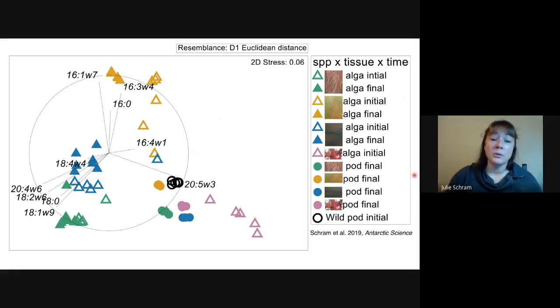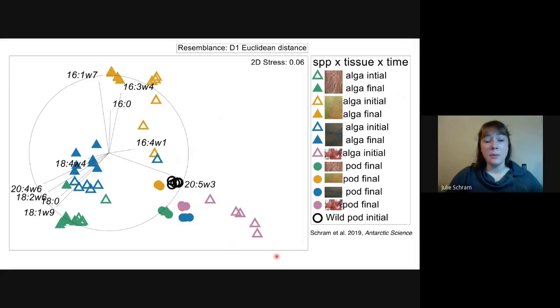So points that are closer together are more similar to each other than those points that are further apart. You can see that some of these symbols are filled in and some are empty. Those represent the initial or freeze-killed samples, and then they're color-coded by species. The triangles represent the algal diets that we fed the amphipods, and the circles represent the amphipods.